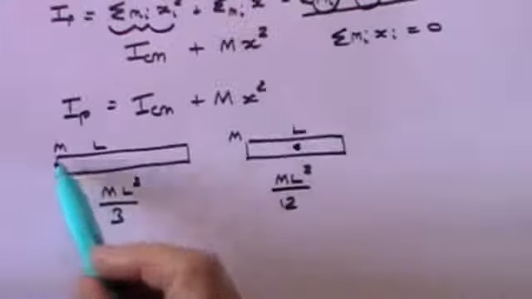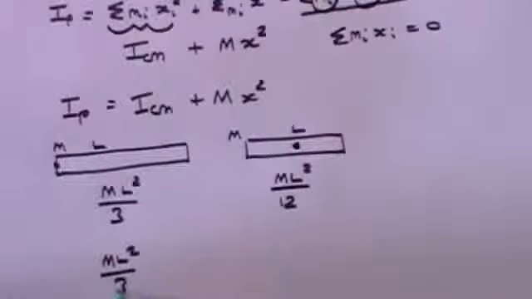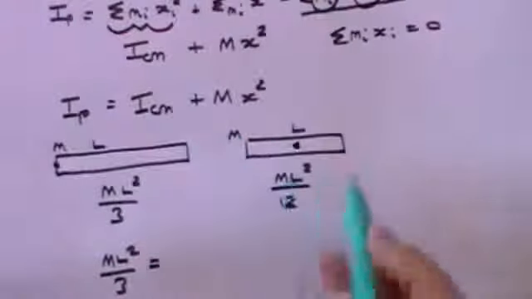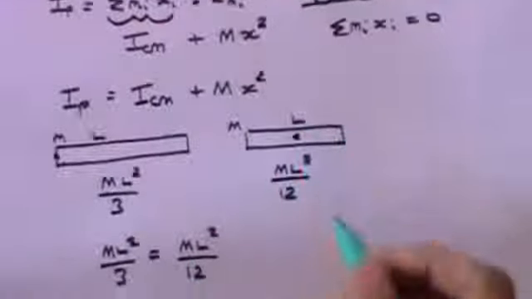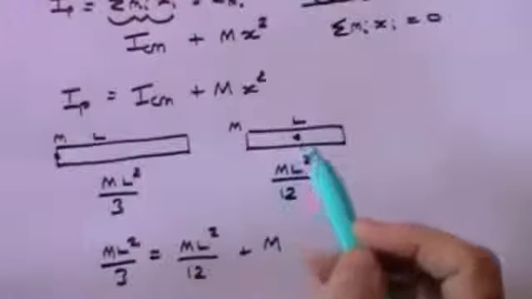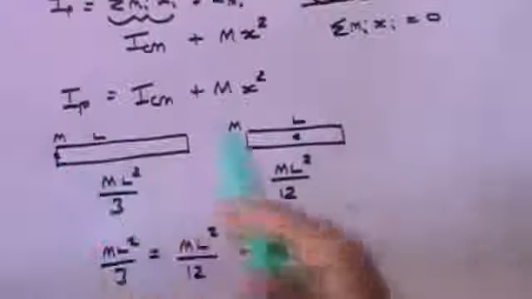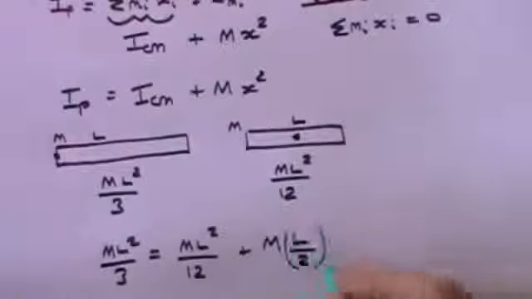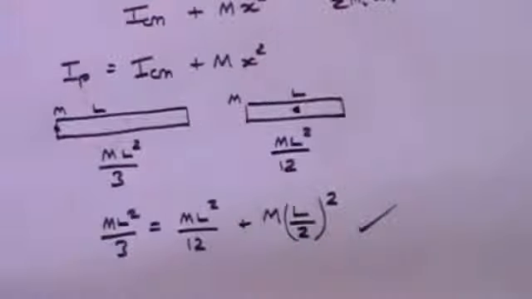So if you pivoted about this point P, then IP, which is ml squared over 3, is going to be equal to I centre of mass, which is ml squared over 12, because this is pivoted around the centre of mass, plus m times the distance between the centre of mass and the point of pivot, which is L over 2, half the length. And that's therefore L over 2 all squared. If you calculate this, you'll find that that is indeed the case. And therefore, you've got a demonstration of the action of the parallel axis theorem.